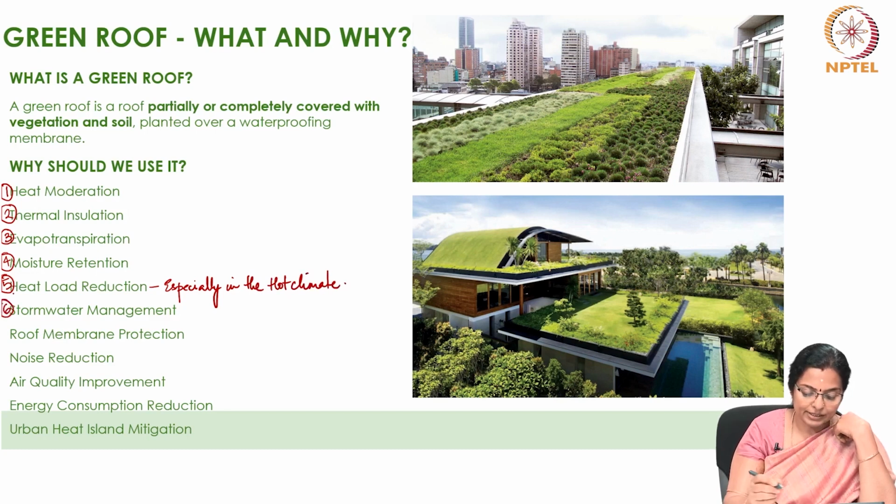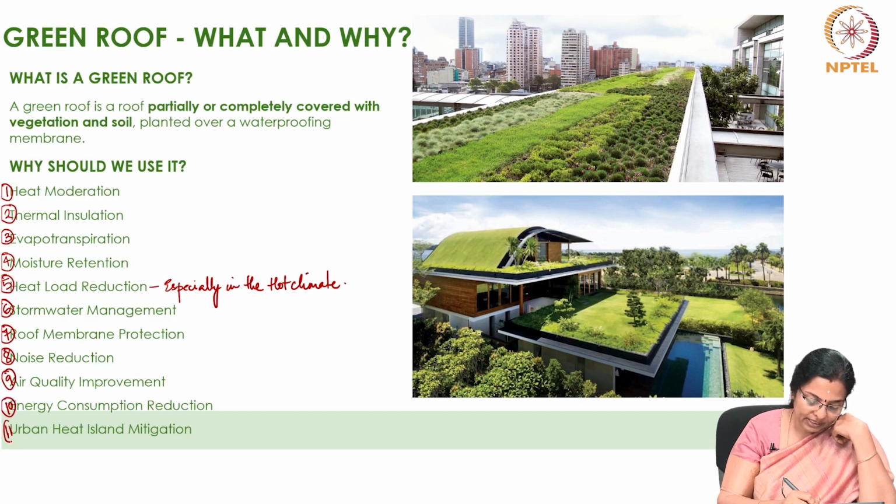Stormwater management has to be taken care of. Roof membrane protection should be given. There is considerable noise reduction. Air quality gets improved. Energy consumption gets reduced, and urban heat island mitigation happens.